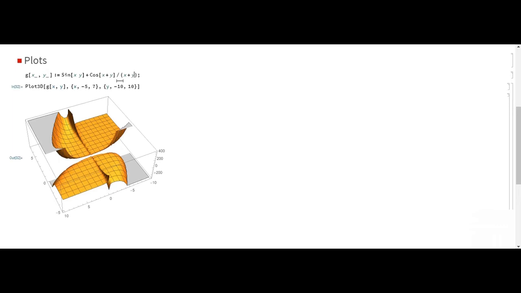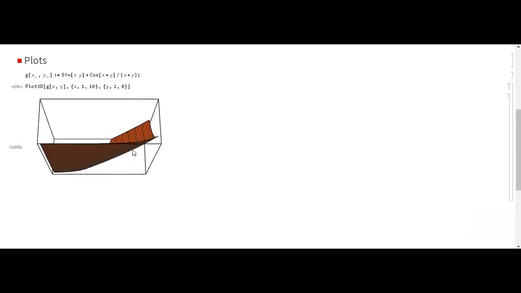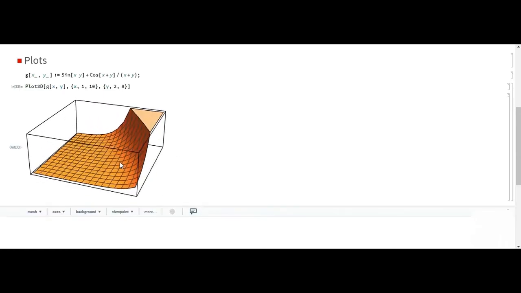Instead of including this 0 in the interval, let's try to plot it for all the positive values. Let's say from 1 to 10, and this is from 2 to 8. Let's try to do that and see what happens. So this is our graph again.